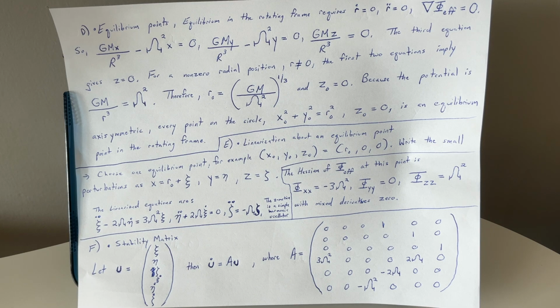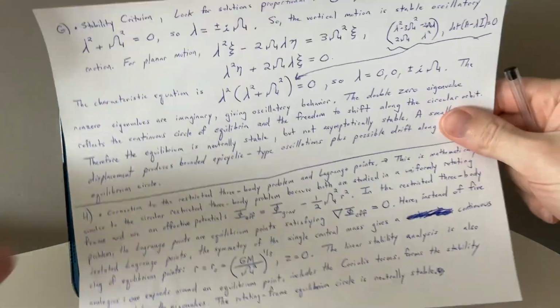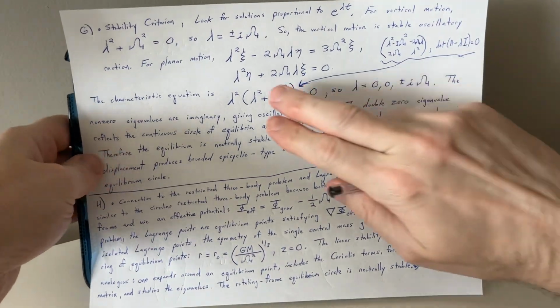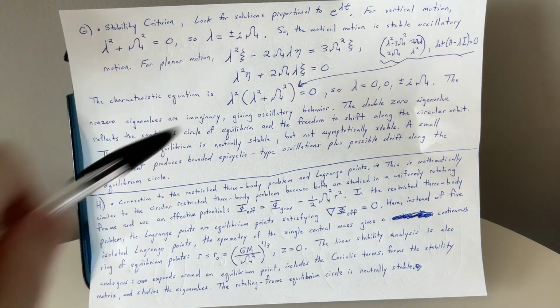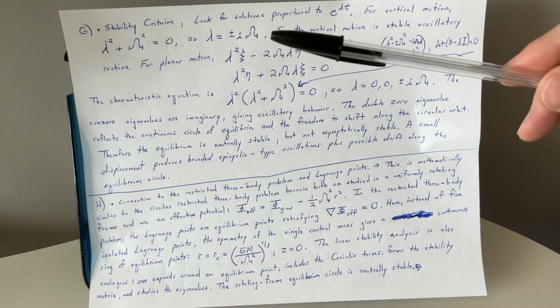Letter G, they want us to determine the stability criterion. So for letter G, stability criterion, look for solutions proportional to e to the lambda t. For vertical motion, lambda squared plus omega squared is 0, so lambda equals plus or minus i omega.